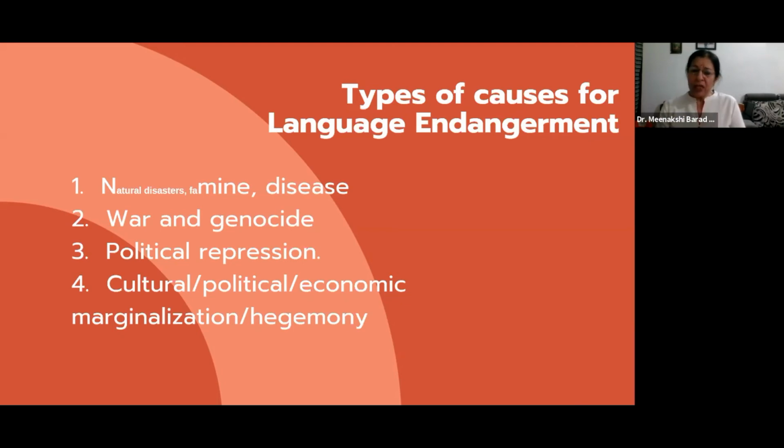This frequently happens when indigenous populations, in order to acquire a higher political status, adopt the cultural and the linguistic traits of people who have come to dominate them through colonization or conquest or invasion. This is a very common cause of language endangerment.